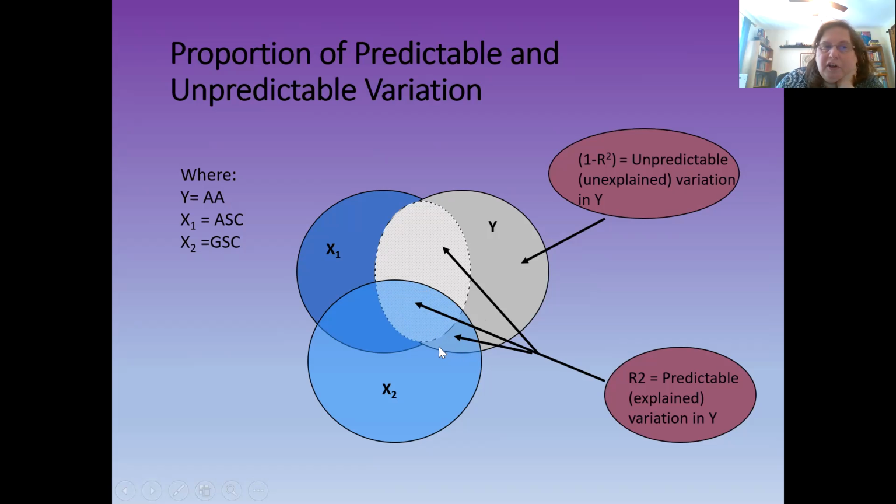Just this little part here. So which one do you think is giving us more variation, ASC or GSC? Which one is covering more variation in Y? Well, I would say it's this one. It's ASC, because this is all of this white area right here, whereas GSC is just this little area here. And then X1 and X2 combined gives us this little blue area right there.